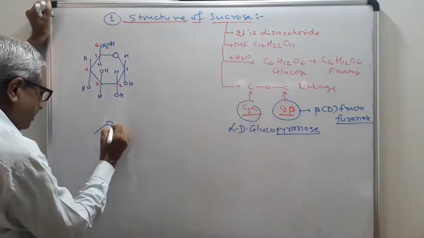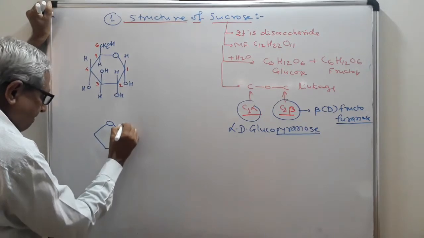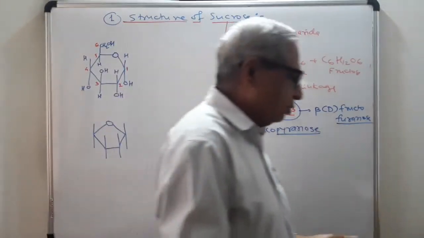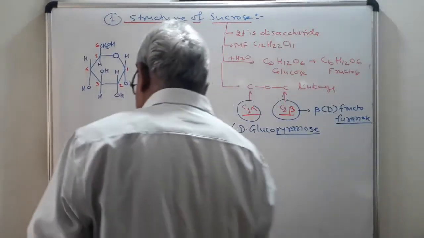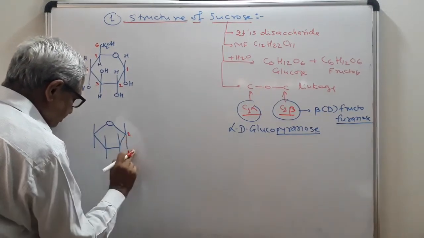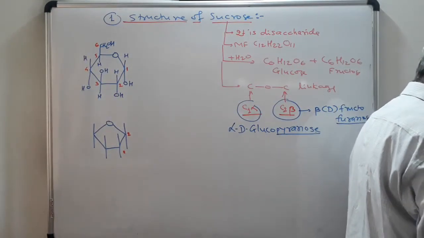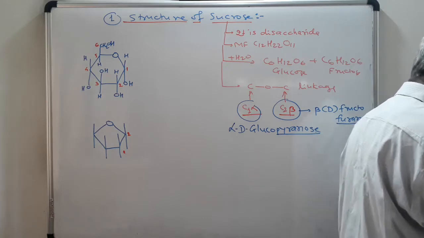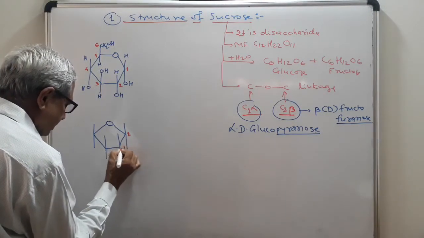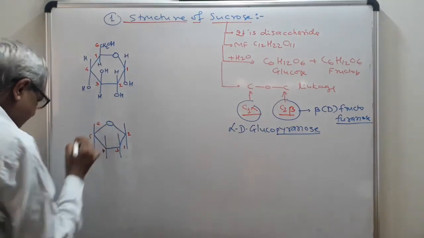So this is a 5-member ring containing oxygen. Then you can do the numbering 1, 2, 3, 4 like this. This is your carbon number 1, 2, this is 3, 4, 5, 6 will be present at the top.